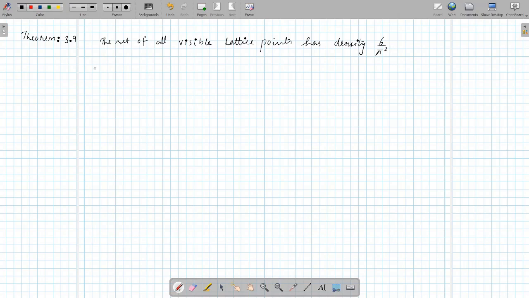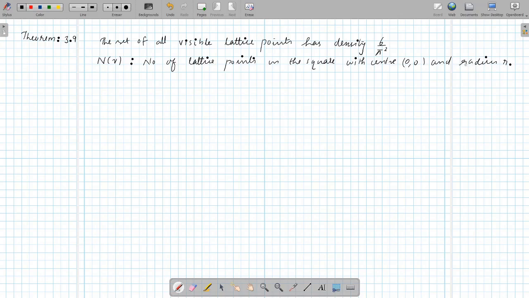For this, we use the notation N of r for the number of lattice points in the square with center (0, 0) and radius r.